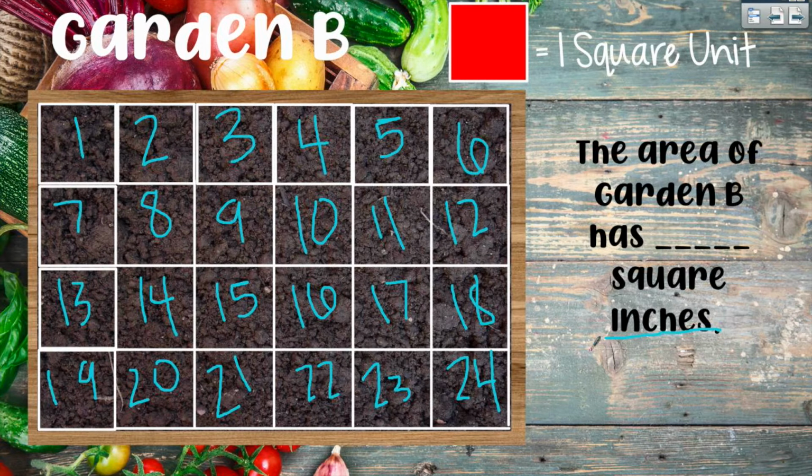So over here, I'm going to multiply 6 times 4 to double check my work, and I know that 6 times 4 equals 24. So the area of garden B has 24 square inches. Great work, guys. Let's move on to garden C.